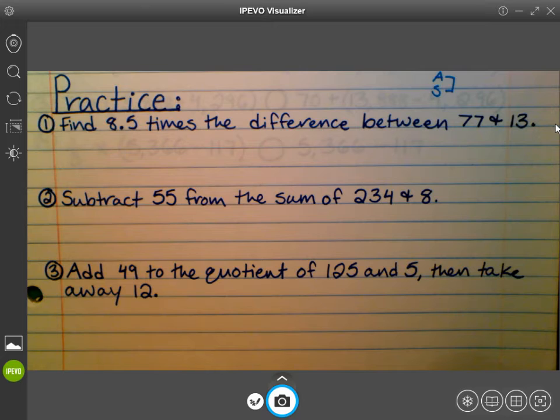So again, these are and symbols. Between 77 and 13 is an and between 234 and 8, that's a symbol. I like that people are circling important words in the sentences and writing the operations above the words that they match with.